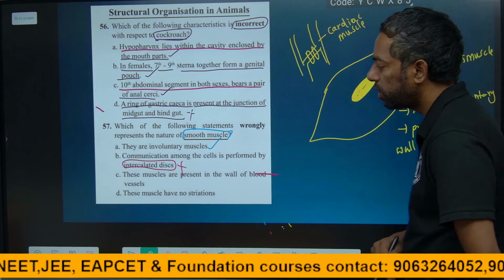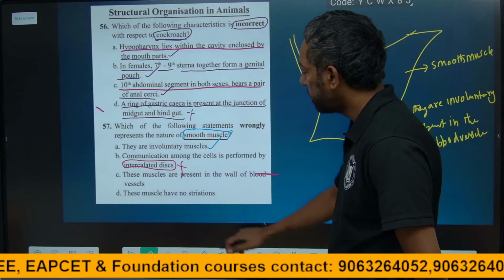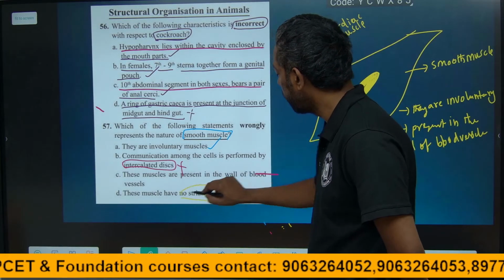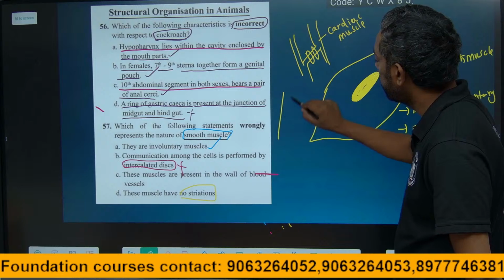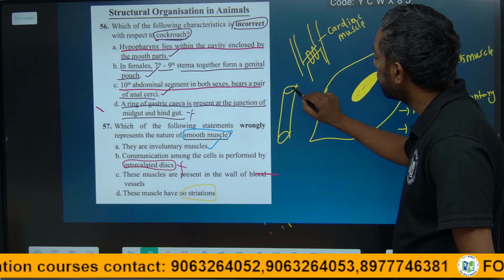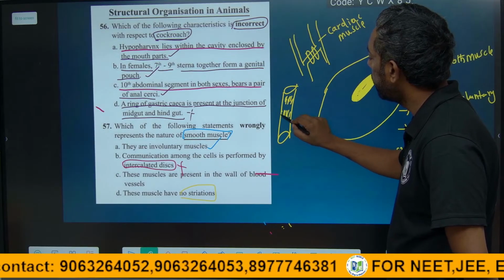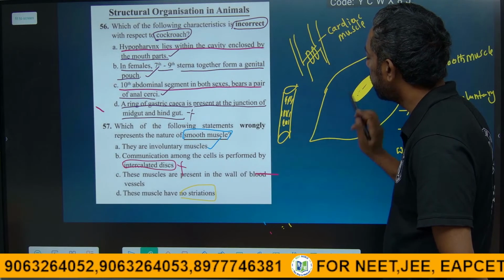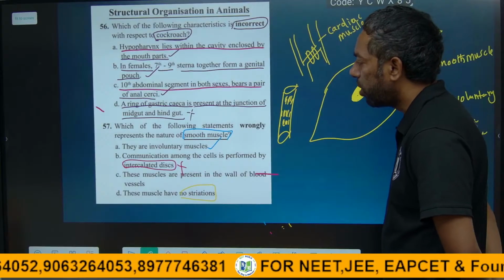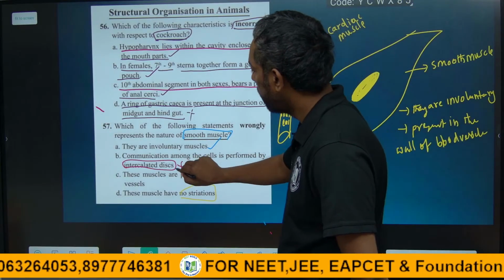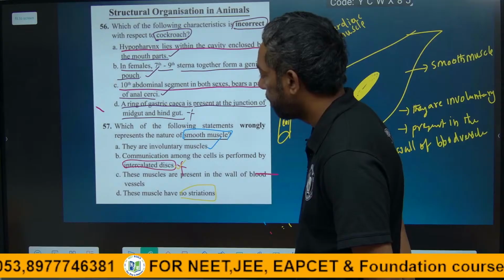That is why these are involuntary muscles. These muscles have no striations. Of course, there are no striations. The skeletal muscles are also striated. Striations are there in the skeletal muscle, not in the smooth muscle. So the answer is B here. The answer is B.